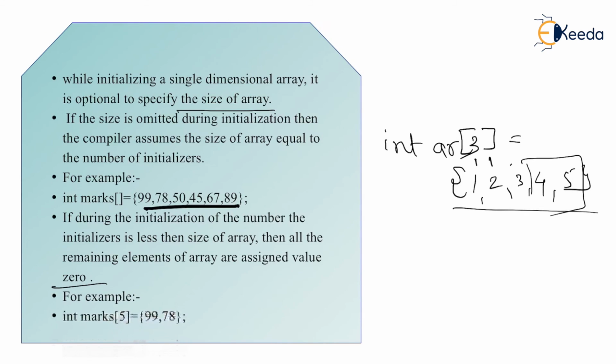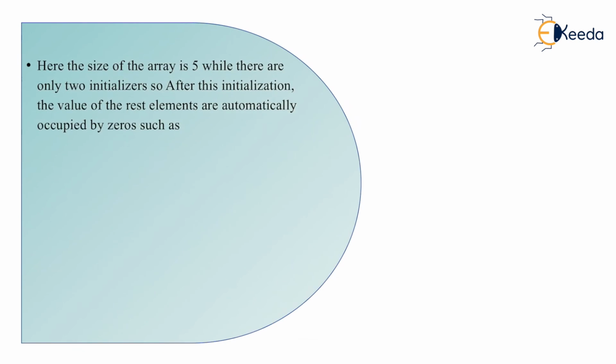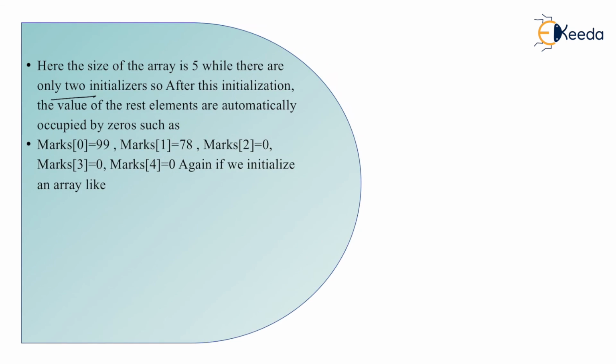Next, for example, int marks[5] is equal to 99 and 78, right? Here the size of the array is 5 but the initializer values are only 2. So after the initialization, the rest of the elements will remain, by default, 0. Such as index 0 is 99, first is 78, second is 0, third is 0, fourth is 0.